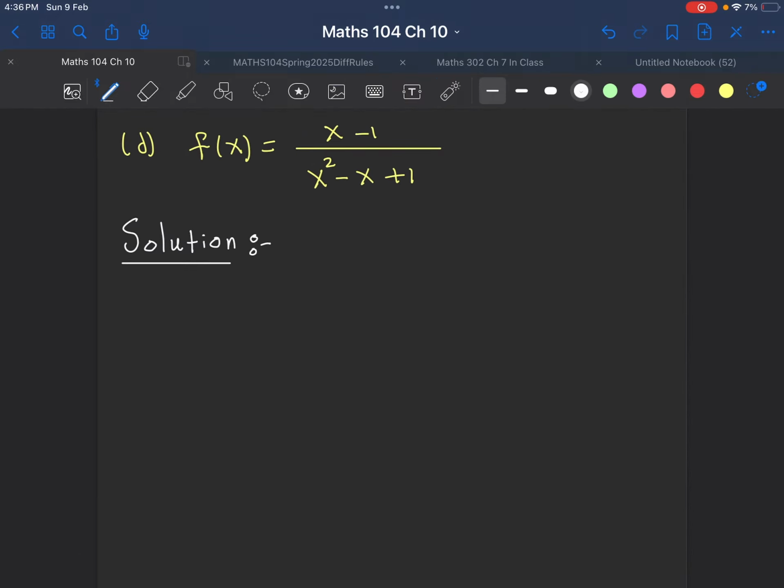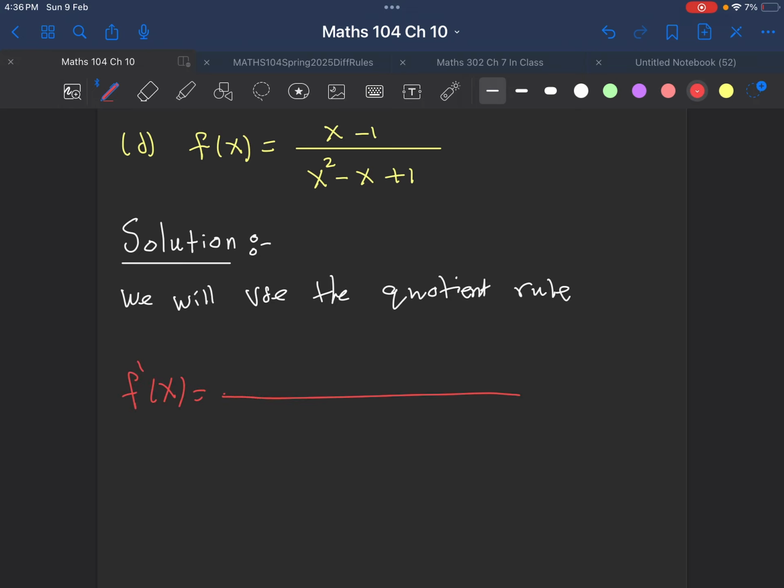Next question, we have to use the quotient rule. Now, what's the quotient rule to find the derivative? It goes like this.